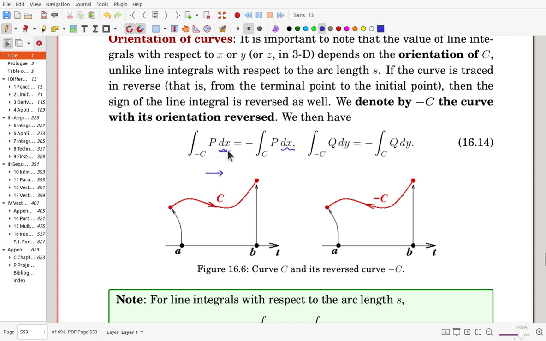So this one already involves a negative, so you have to put a minus here, so that these two terms are the same. Exactly the same way for the y integral. You have to put a negative when you try to get the reverse integration. Okay.